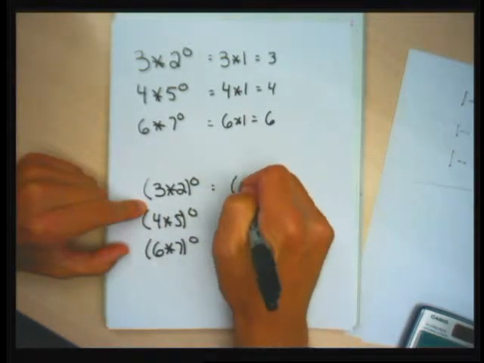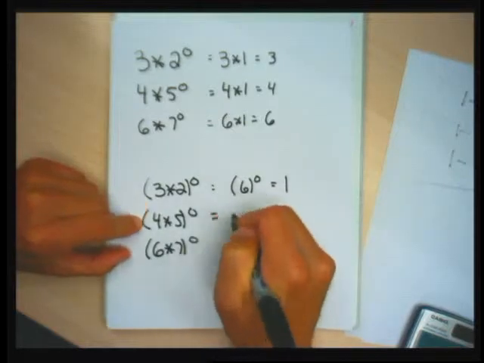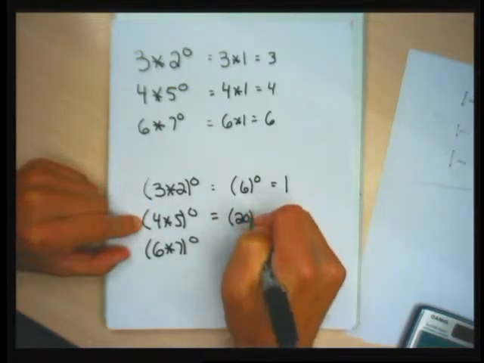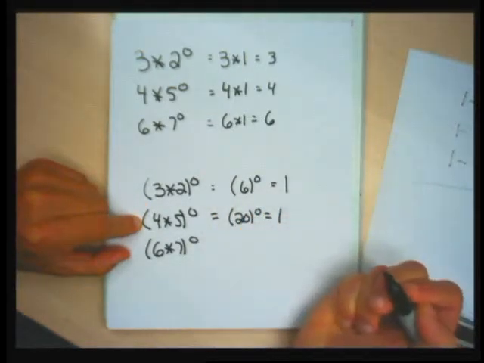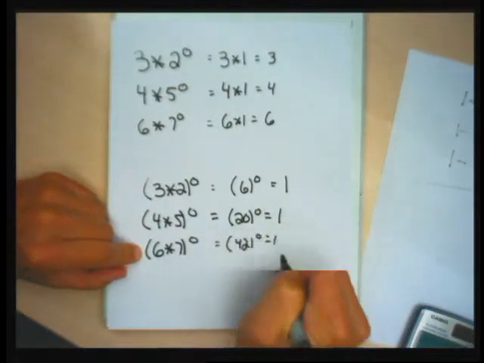So this would really be the same as 6 to the 0 power, which would be 1. This would be 20 to the 0 power, which would be 1, because I do parentheses before exponents. This would be 42 to the 0 power, which is 1.